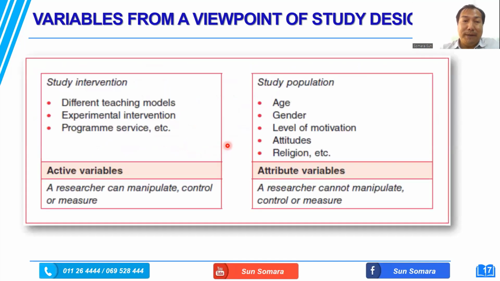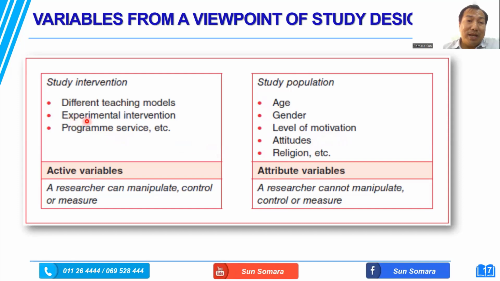You can see from this one about study intervention and study population. A different teaching method is based on their age and gender, as well as their level of motivation, attitude, and revision, and so on.